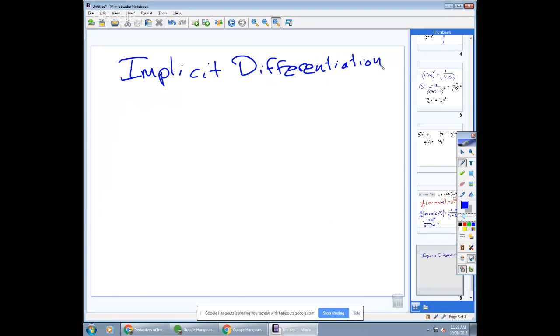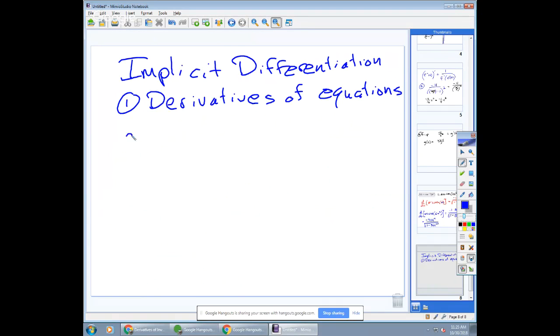Implicit differentiation allows us to take derivatives of whole equations instead of just a single function. So that's one big idea, and you'll see what I mean in a sec. And the other big idea here is anytime we see a y, we assume it is some function of x. It's an assumption we make.